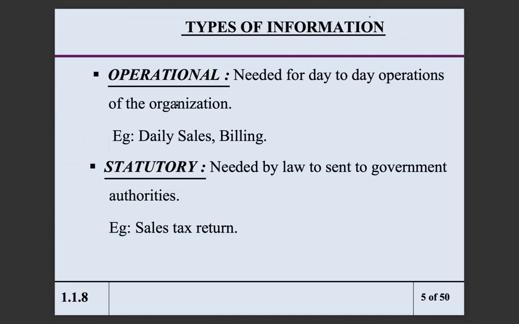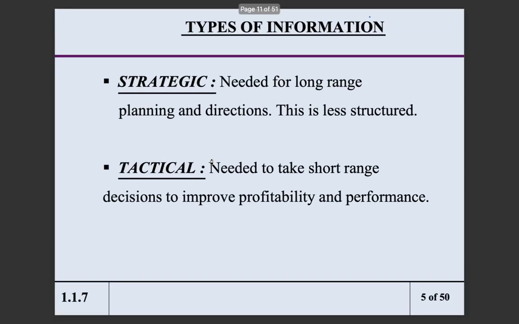Operational information is needed for day-to-day operations of the organization, for example daily sales, daily billing counts, etc. And for the tactical one, we need to take short range decisions to improve profitability and performance. Again, profit related, performance related.